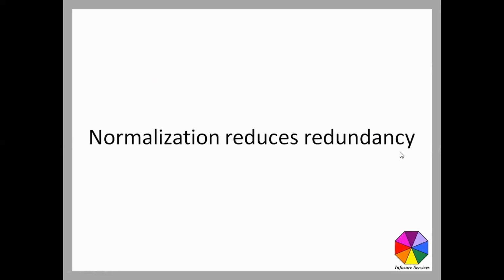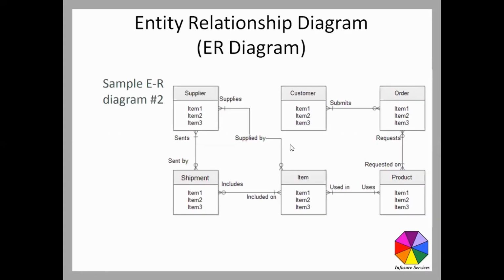And what is normalization? Normalization reduces redundancy. I could have all this information in a single Excel sheet, which has 2 columns for supplier, 3 columns for item, and on the same record I could have customer and the order. The entire thing could look like a big Excel sheet with multiple columns, all in one.